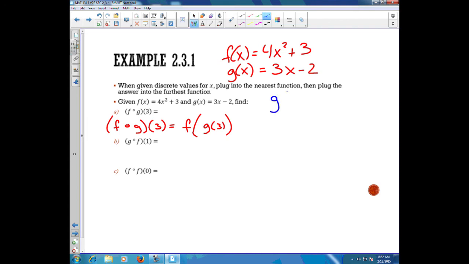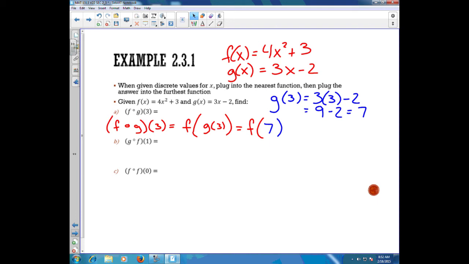Well, we can see that g of 3 is 3 times 3 minus 2, which is 9 minus 2, which is just 7. So since g of 3 is 7, we now want to find f of 7.